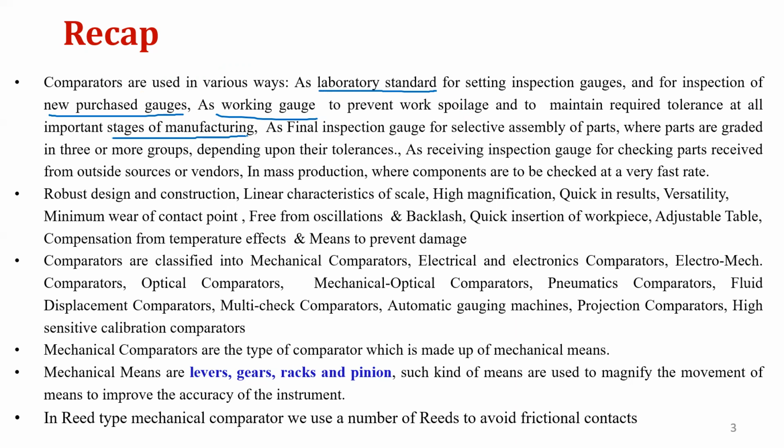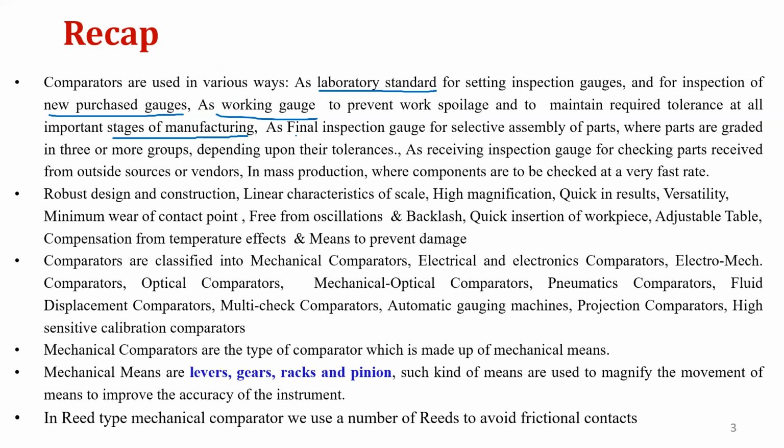Since the product is produced during the various stages of manufacturing, we need to check the dimensions at each and every stage, and if there is any deviation of the component in that stage, then we have to rectify it so that we can prevent the spoilage of the work material or rejection of the final product.